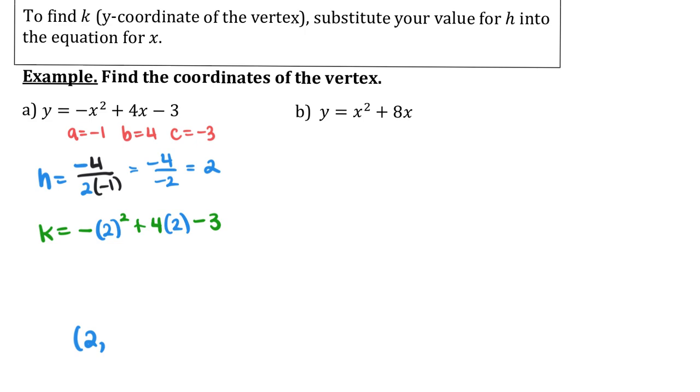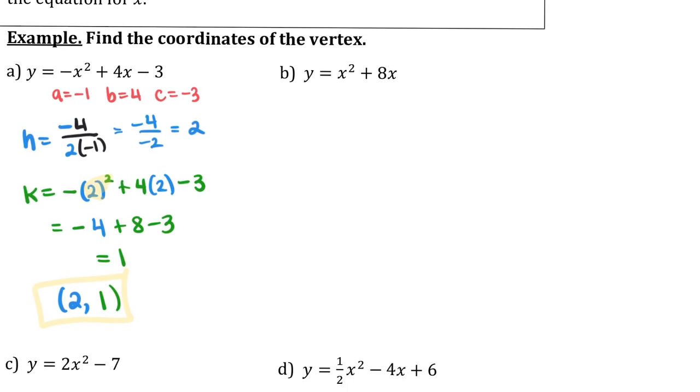Order of operations, you have to do the exponent first. The negative is not part of the exponent, so the negative is just staying there. 2 times 2 is 4, plus 4 times 2 is 8, minus 3. So -4 plus 8 is 4. 4 minus 3 is 1. So the y coordinate of the vertex is 1. So the vertex is (2, 1), and it should always be written as an ordered pair.